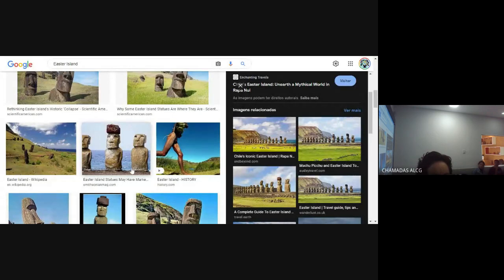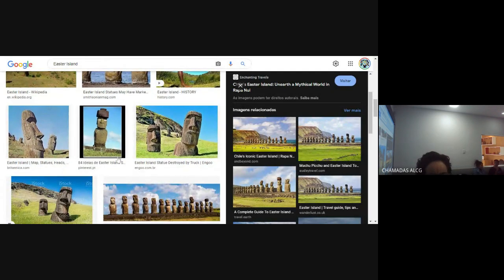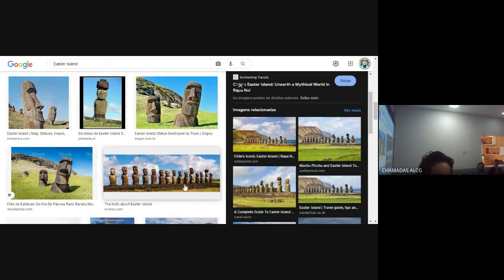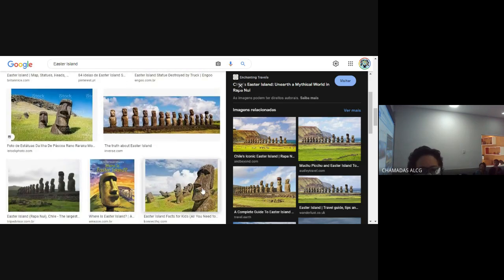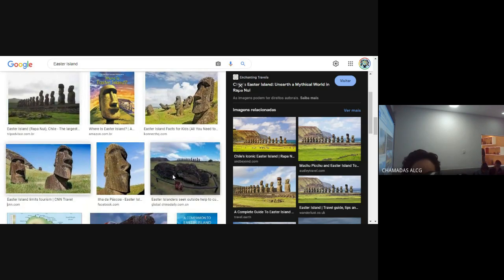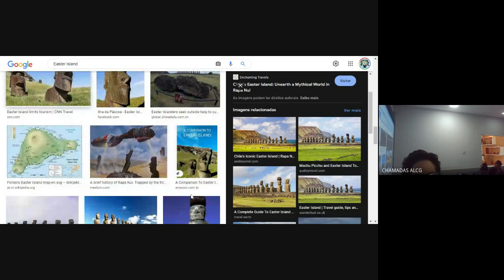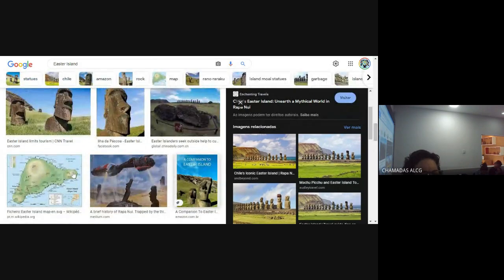You have these ones who are lined up, and there are some others scattered around the terrain in different places. Some of them are still buried. You can only see a part of their heads, not everything. It's really amazing. So this is the map.